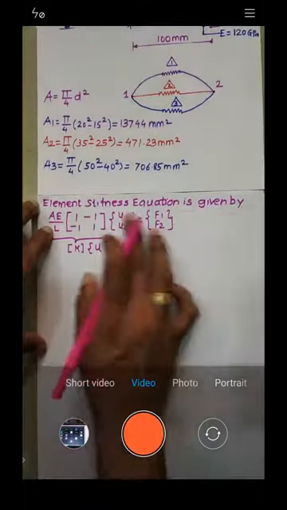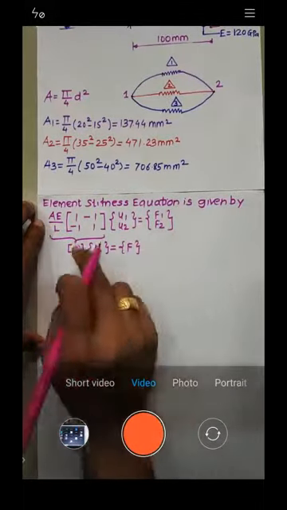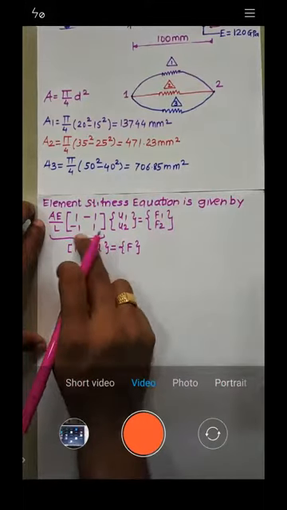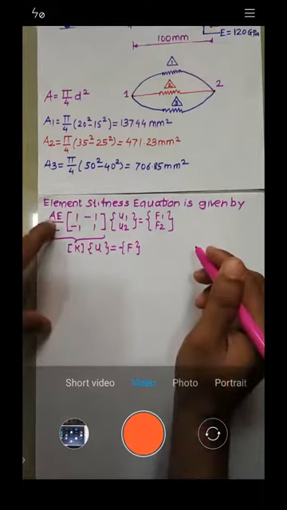As I told you, the element matrix equation is given by AE by L, 1 minus 1 minus 1 1, U1 U2 is equal to F1 F2, where this term is called the element stiffness matrix, multiplied by displacement, is given by force. Now let's go one by one.